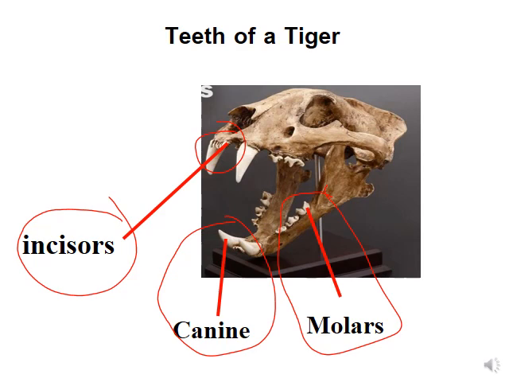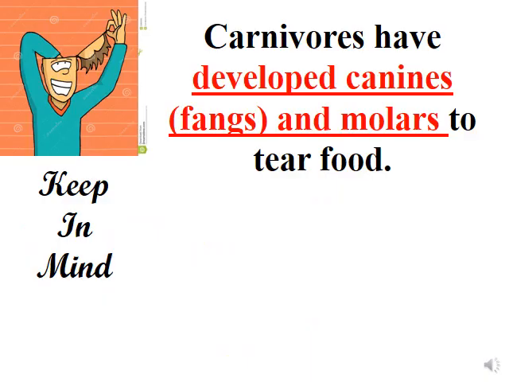While, as we said, the carnivores have developed canines, which are called fangs, and they have developed molars in order to tear the food. Okay?